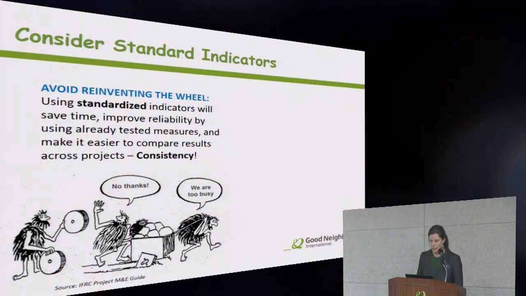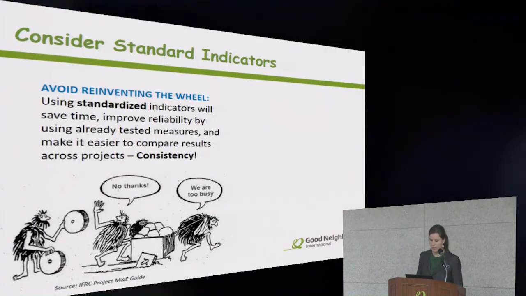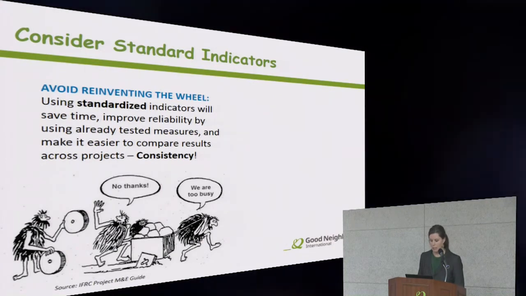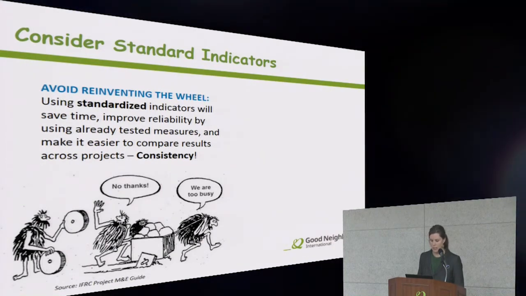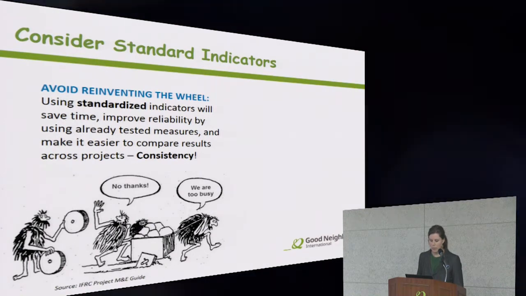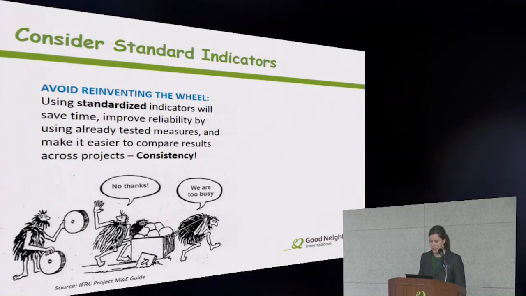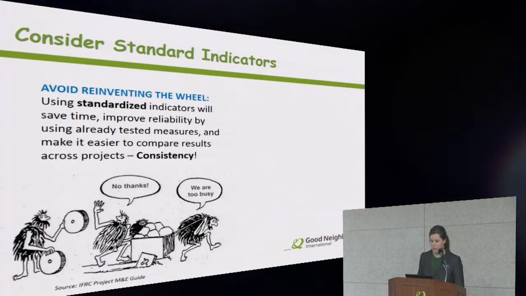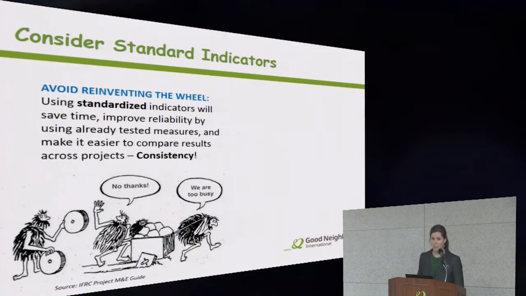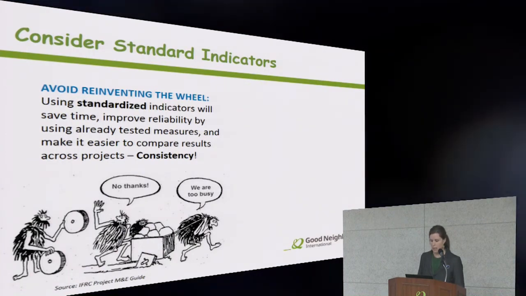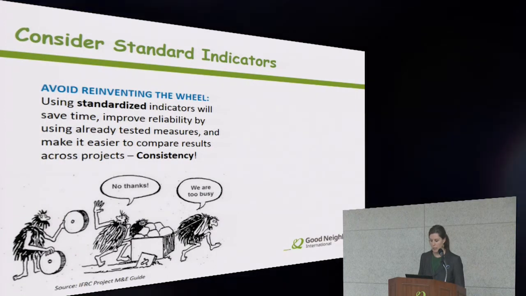So using standard indicators can save time in the design process, and it also provides the advantage of having accepted standard definitions to the indicators, which ensures they are measured reliably and consistently. In addition, measurement methods are usually well developed and field tested, and industry recognized indicators help contribute to credibility and legitimacy.